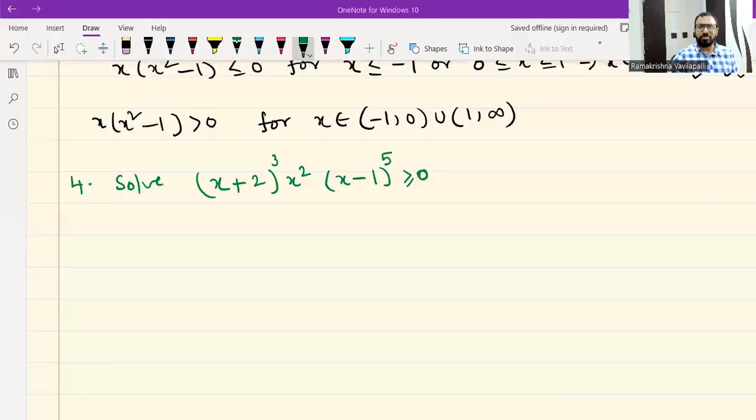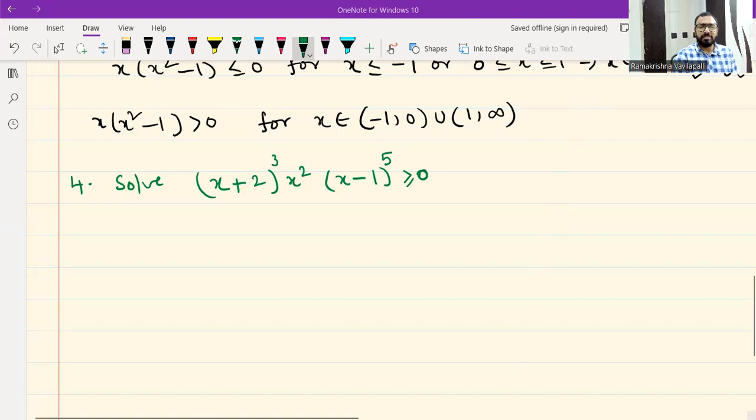So here is another question: solve x plus 2 whole cube into x square into x minus 1 whole power 5 greater than or equal to 0. Here I have taken a little complicated example, but still it is very simple.